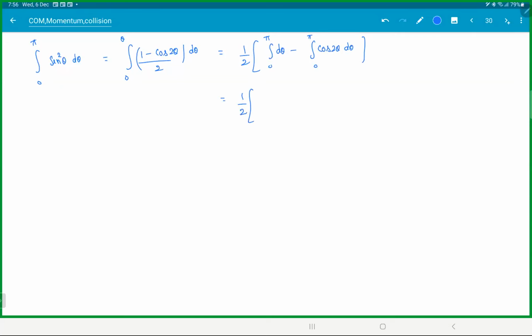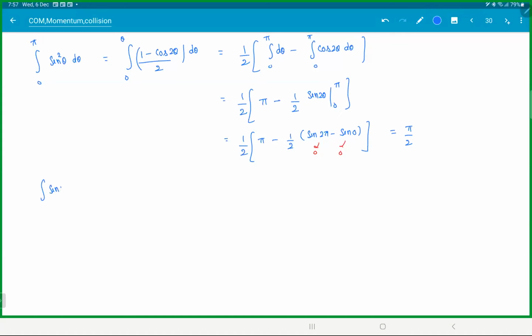This would be pi minus half sine 2 theta, limits from 0 to pi. This would be pi minus half of (sine 2 pi minus sine 0). Both would be 0. So you end up with pi by 2.